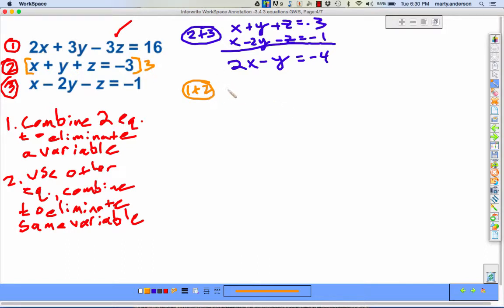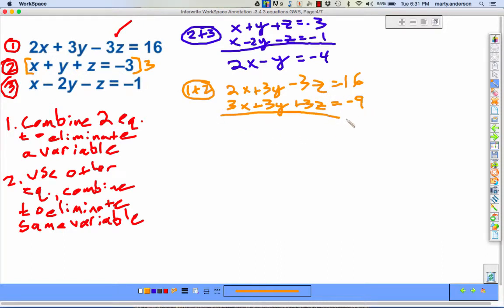So equation 1 is 2x plus 3y minus 3z equals 16. And then now the new equation 2, I can multiply everything. And don't forget to multiply what's on the right.